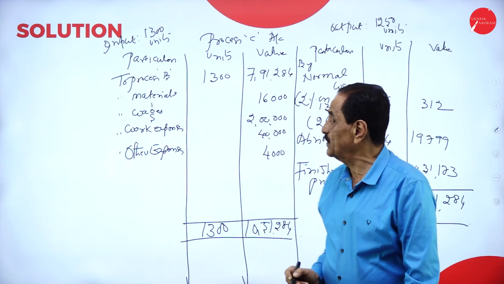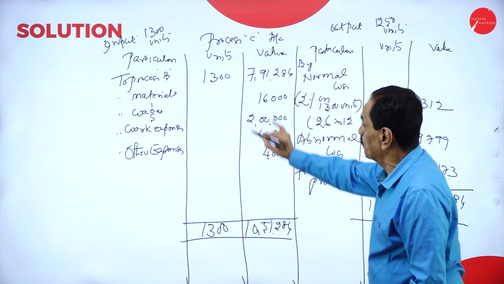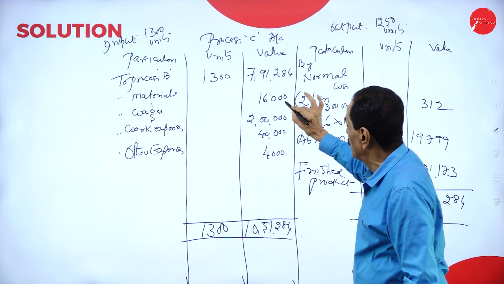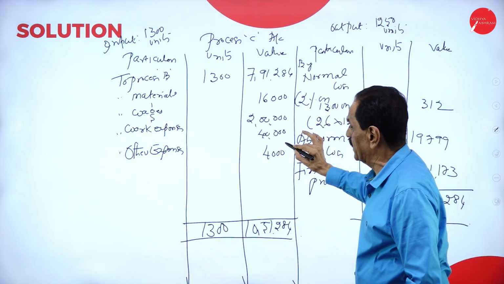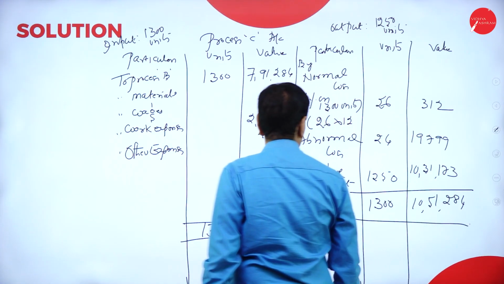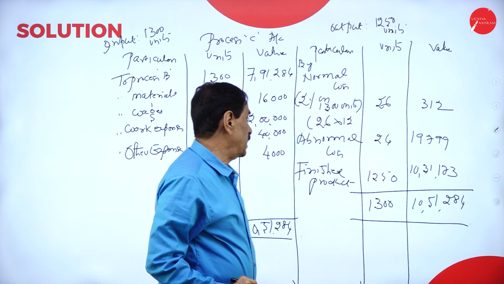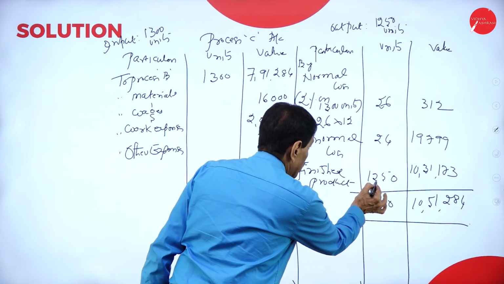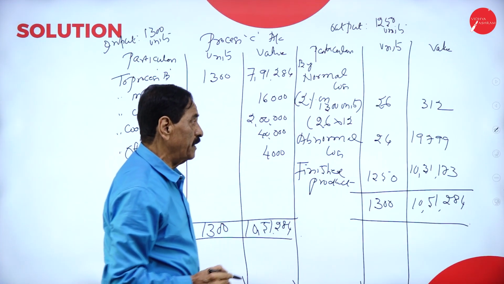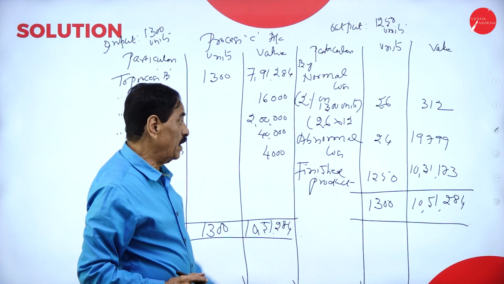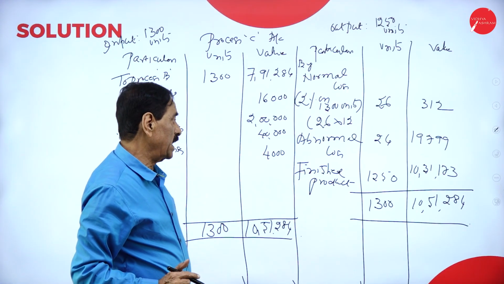So in process C, we are going to get the finished product. Process B, 1,300 in value: material value, wages value, work expenses, other expenses. Normal loss 2% on 1,300 becomes 26 units. It becomes 312. Then your output is 1,250. Abnormal loss of 24 as per working note, the value is 19,799.